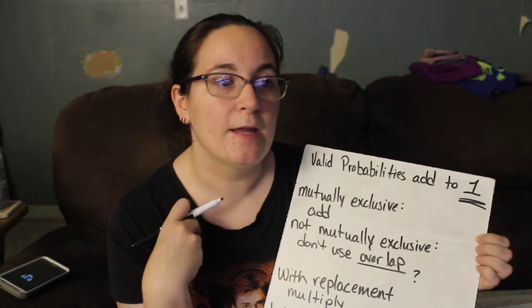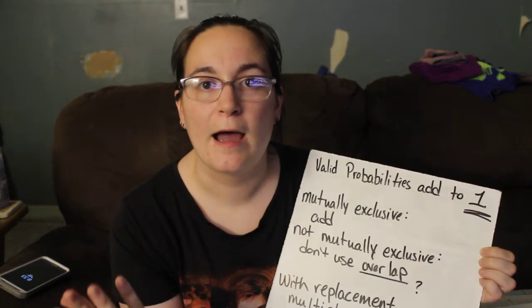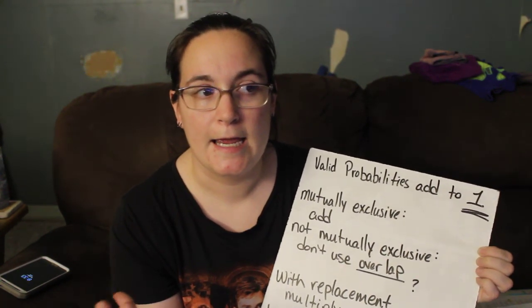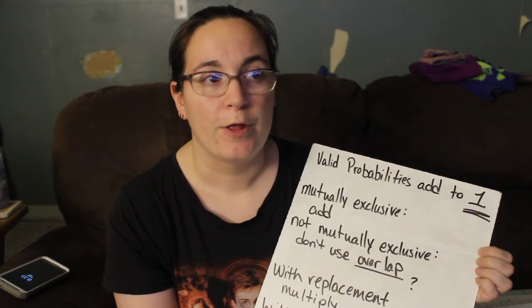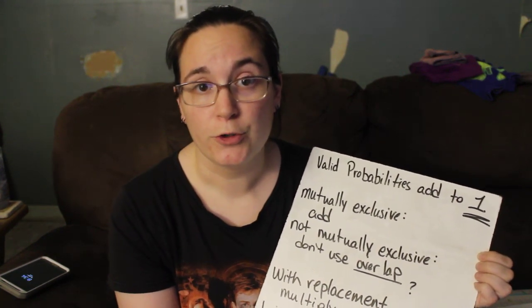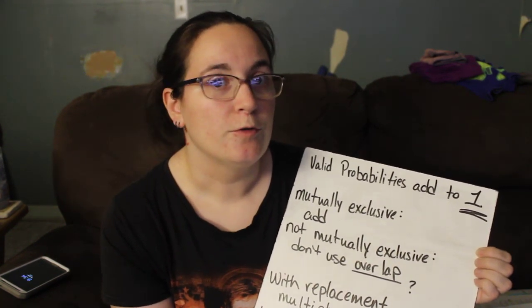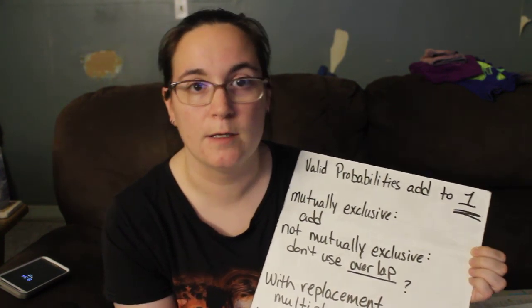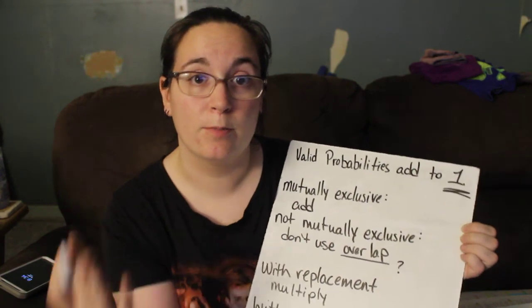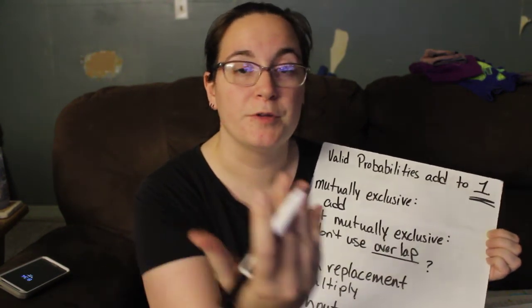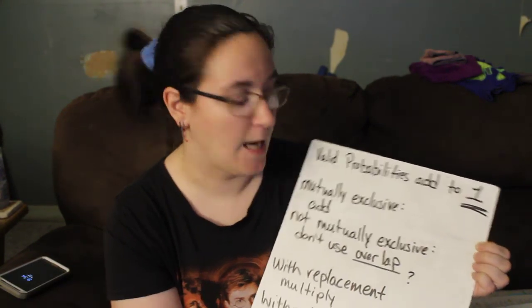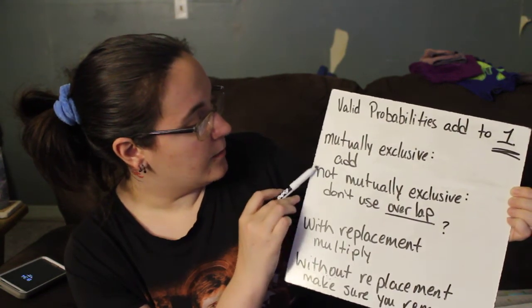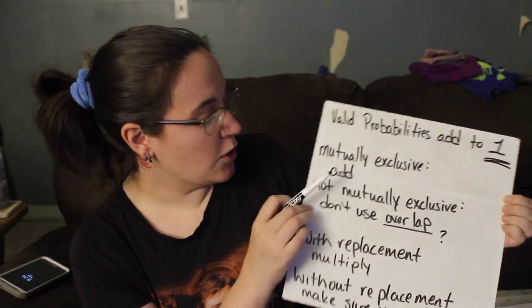So this would be something if you have 10 marbles in a container, 3 are white and 7 are blue, and then what's the probability of you pulling out a white marble and then a blue marble? You would find the probability of the white marble, find the probability of the blue marble, and then add them together. Okay?